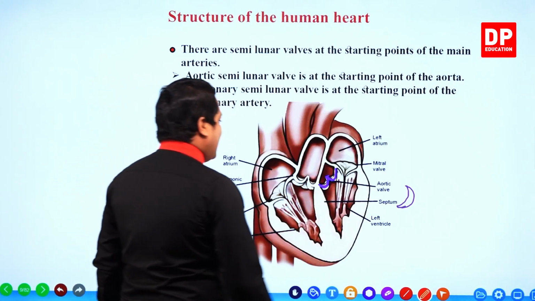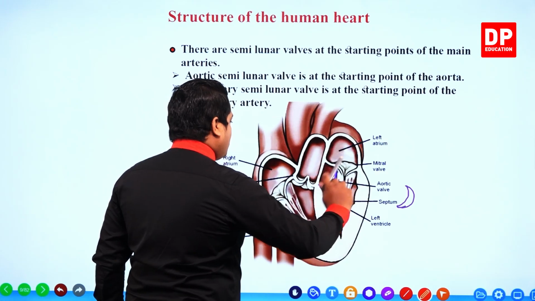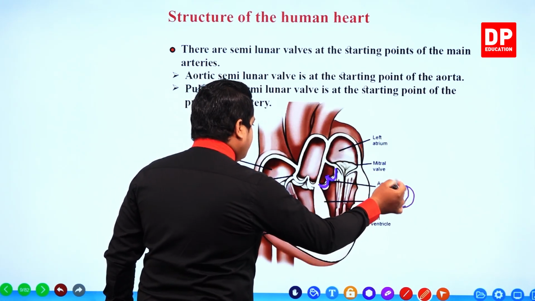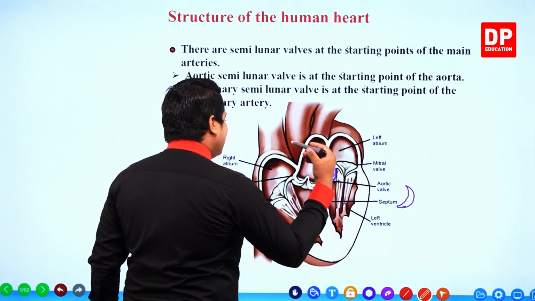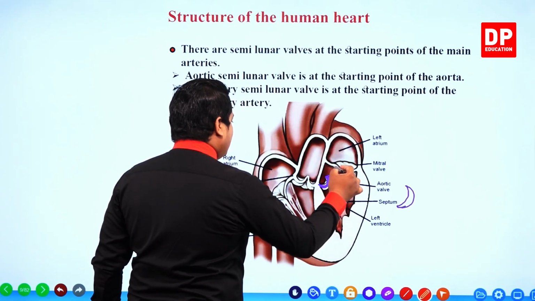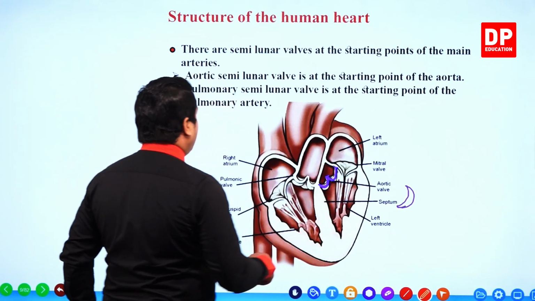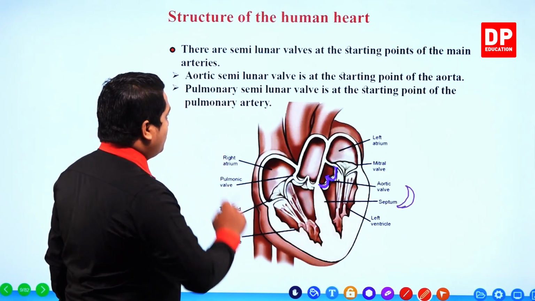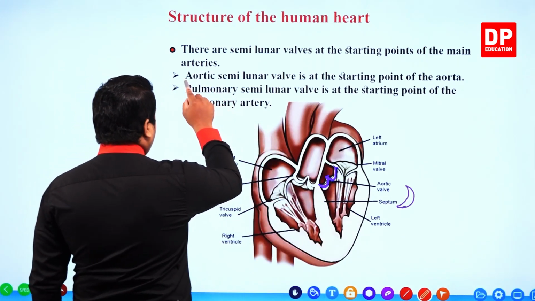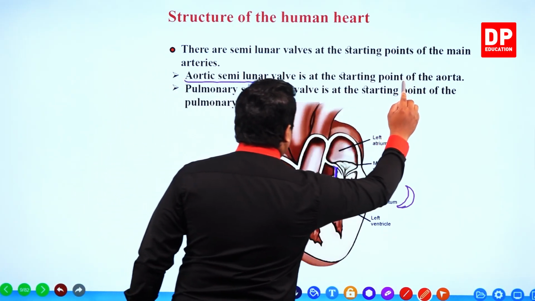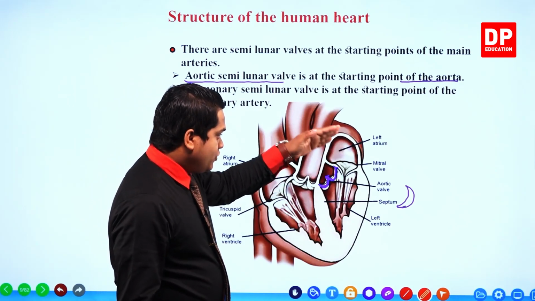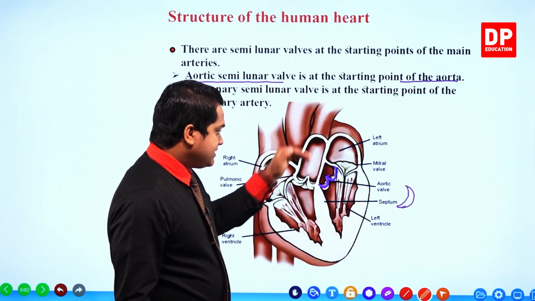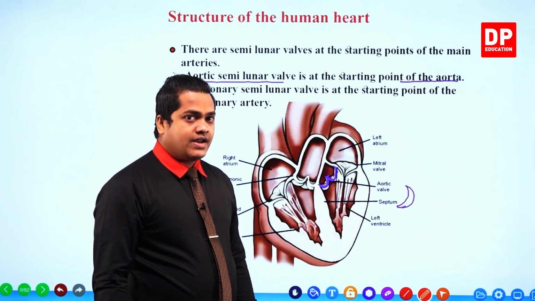At the starting position of the aorta, you can observe the aortic valve, the aortic semilunar valve. So the aortic semilunar valve is at the starting position of the aorta.